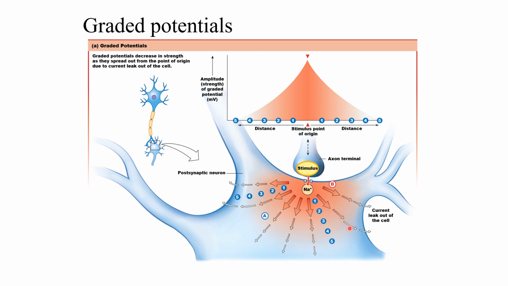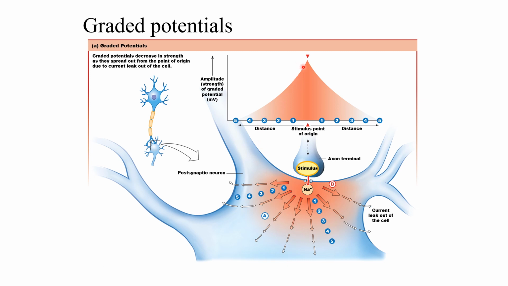The reason why the strength of that graded potential is wearing off as it moves down the cell body is because usually on the surface or membrane of the cell body, there are leaky channels that cause those positively charged ions to start leaking out. And as those positively charged ions leak out of the cell, that depolarization signal is going to start decreasing.